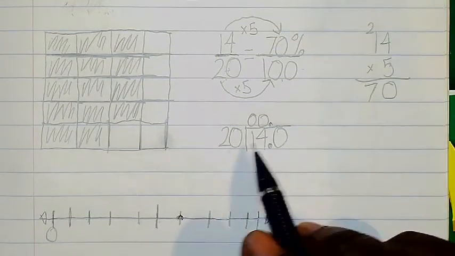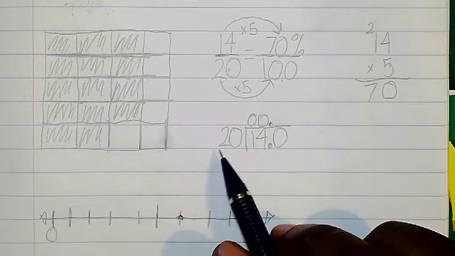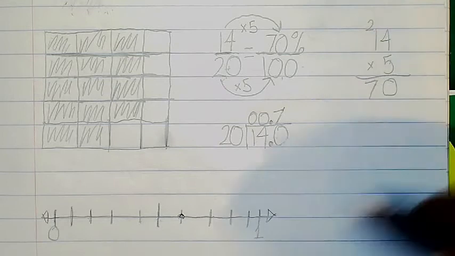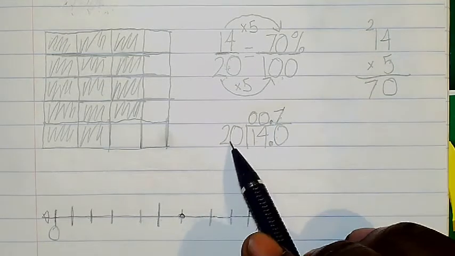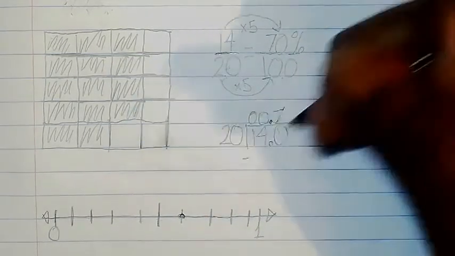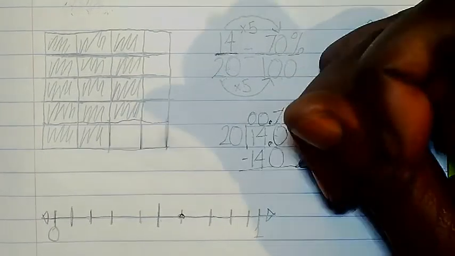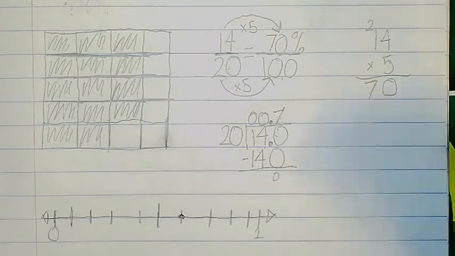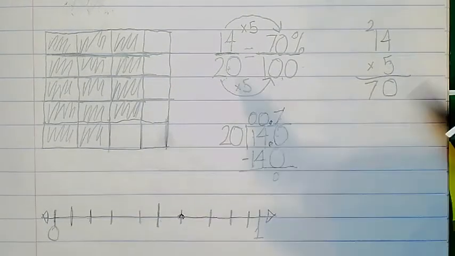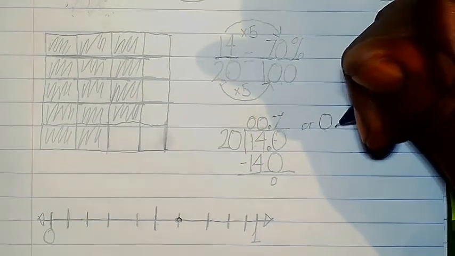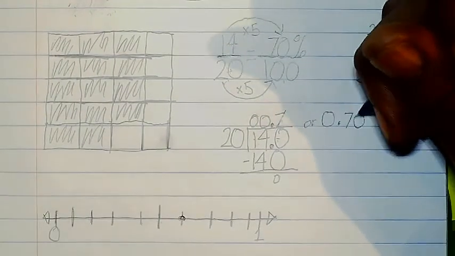We can divide 140 into groups of 20 7 times. So that'll be 7 times 20, and we're subtracting 140 minus 140. And that's 0. So that gives us 7/10, or 0 and 70 hundredths.